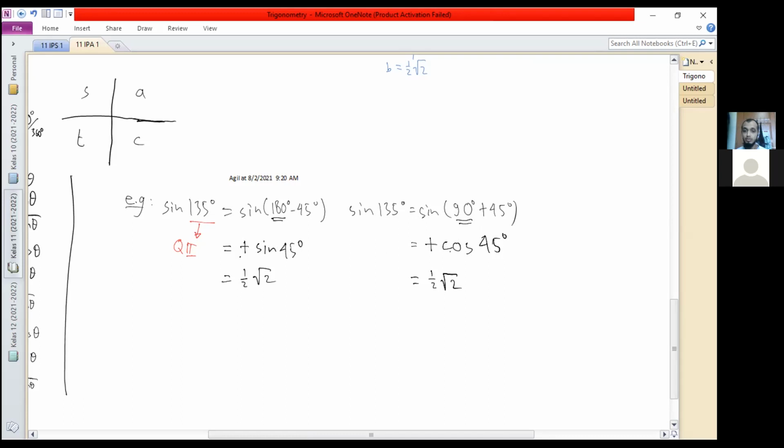Sometimes you get confused, and because this is cosine, on the second quadrant you use negative, which is not correct in this case, because what we are looking for is the sine of 135 degrees and not the cosine of 135 degrees. So I encourage you to just put the sign if you are using this method, just to minimize mistakes.